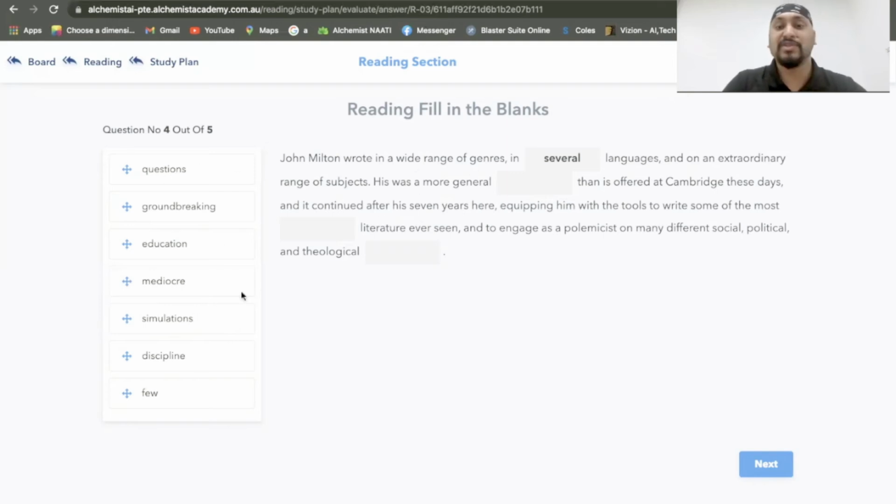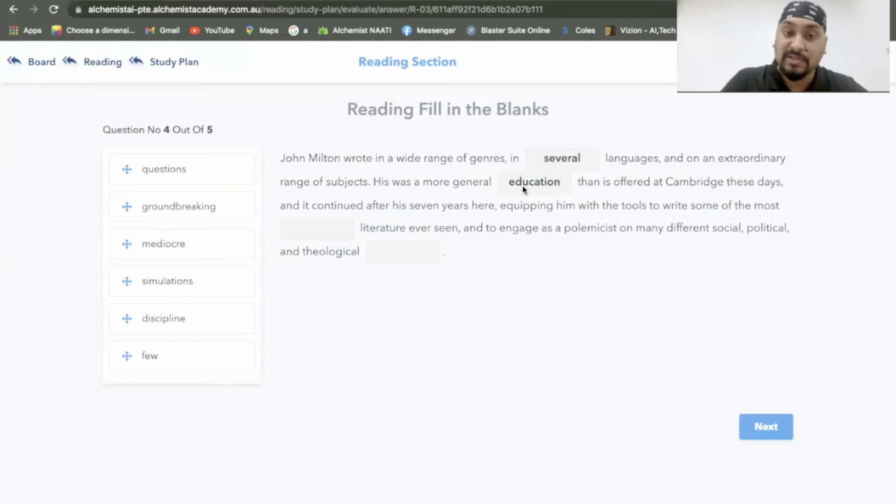Questions or simulations will not be the right answer because this is singular. General ideas is possible, but general questions, no. Cambridge offers education, so I don't think this would be the right one. I cannot put general simulations as well. As I just mentioned, Cambridge provides education, so I think general education is what is offered in Cambridge these days.